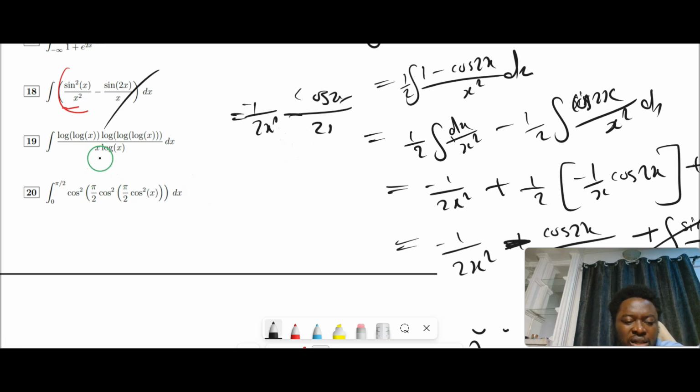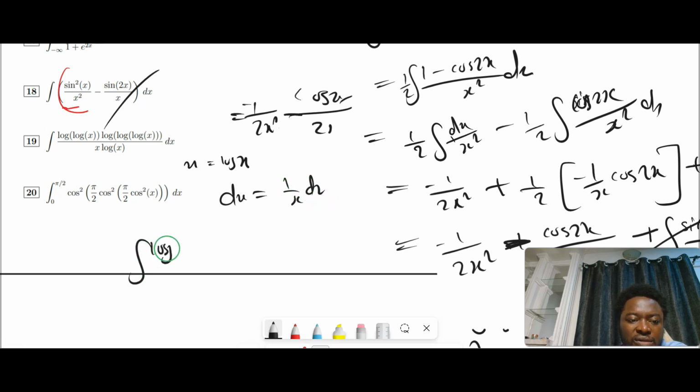Here, 19 and 20, do I really have to do them? Here you take u to be log x. Okay, du will be 1 over x dx.